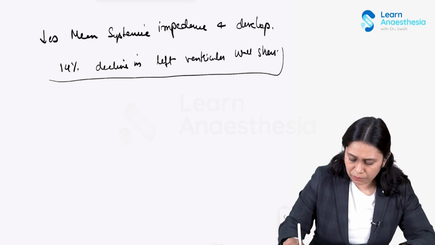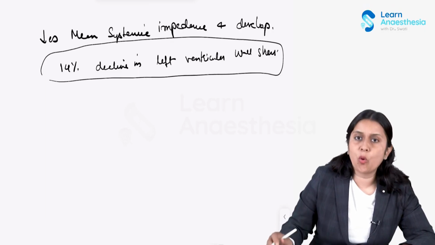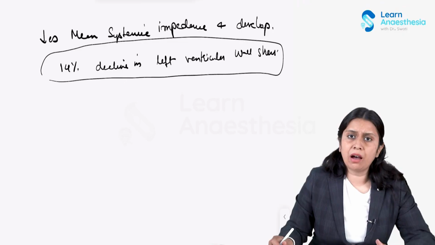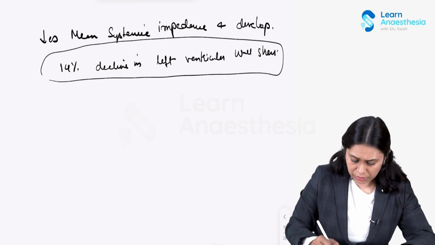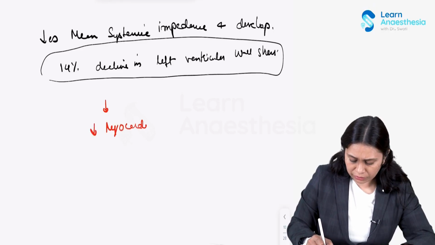So this 14% decline in left ventricular wall stress plus decrease in heart rate would decrease myocardial oxygen demand. So all this will decrease myocardial oxygen demand, right?